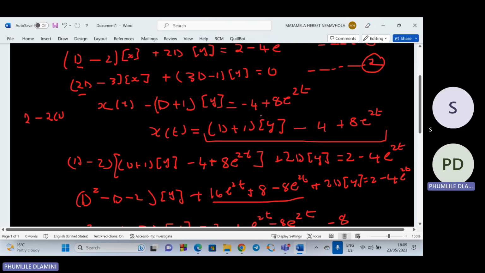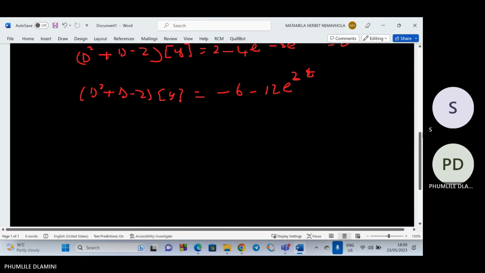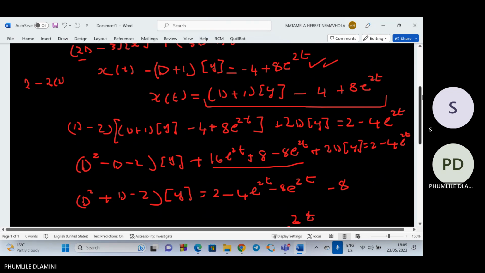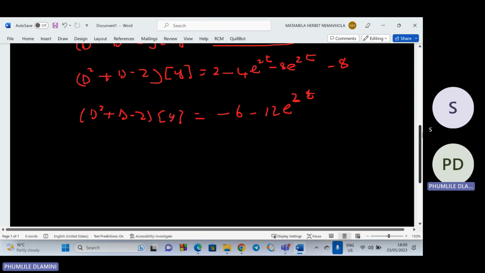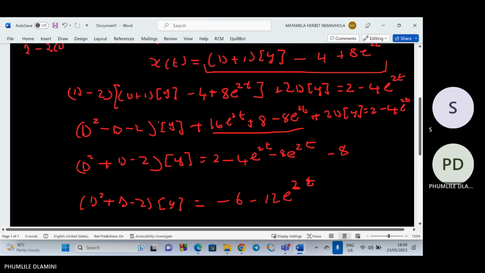The first one is fine. We got minus 8, minus 4 plus 8, is correct. Then the second one, this one here, we did everything right. d times this is d squared. This one is d minus 2.